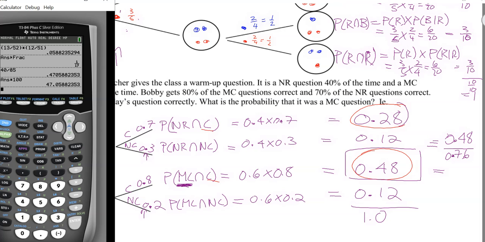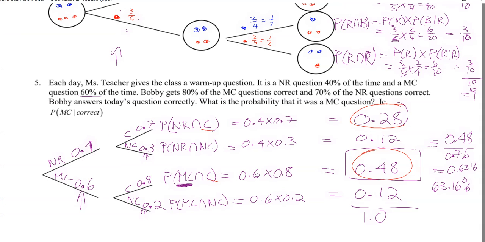So 0.48 divided by 0.76 is 0.6316, so 63.16%. Given that he got it correct, the probability it was multiple choice is 63.16%.